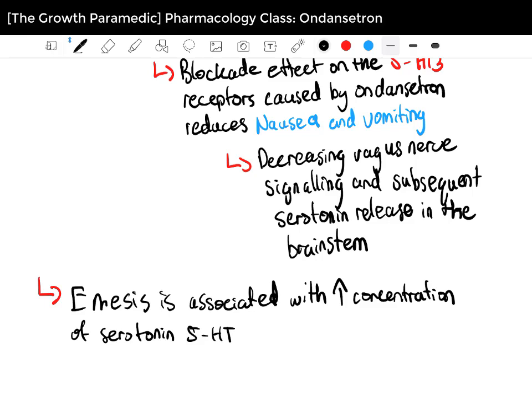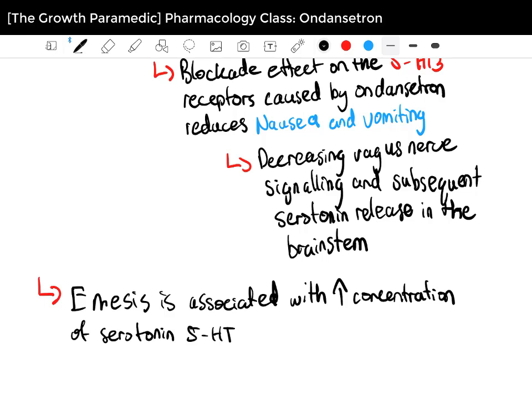5-HT. So there is research, and they did research on emesis in cancer patients, and they found that some medications, when they were administered, were increasing serotonin levels in the body, and because of this, a lot of these patients were actually getting quite sick and they were vomiting.